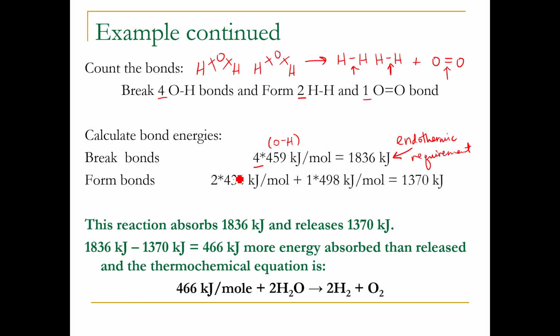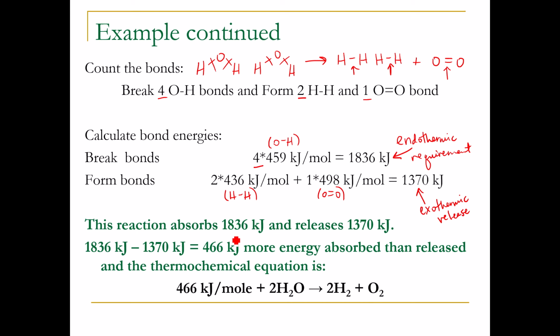Now for forming bonds, we have 2 HH bonds, and we have one OO double bond. When we add up all of those values, here is our exothermic release. This is the energy that comes out from forming those bonds.